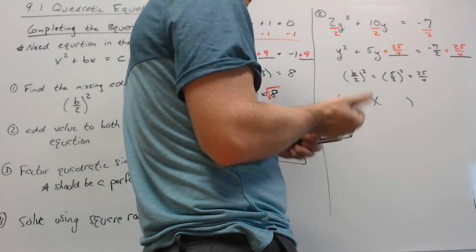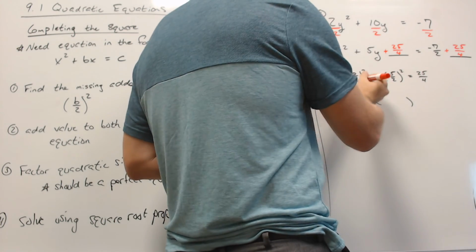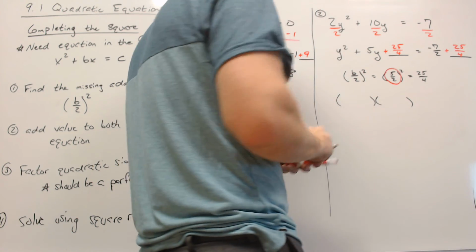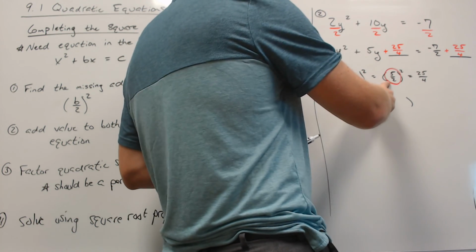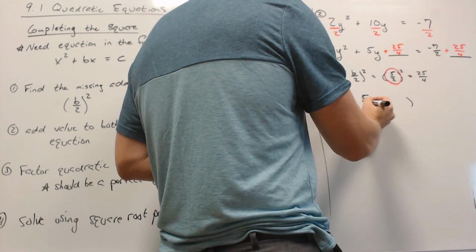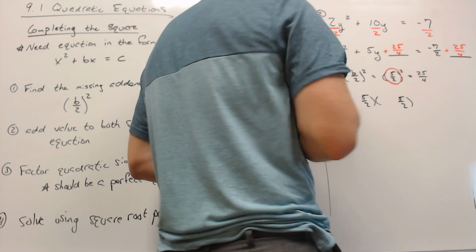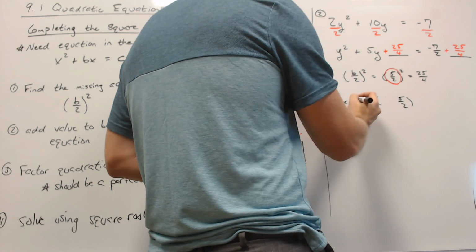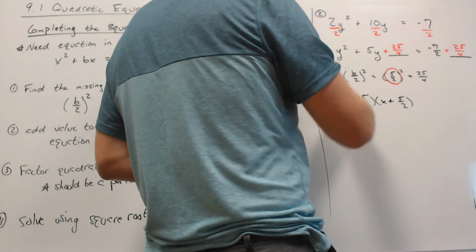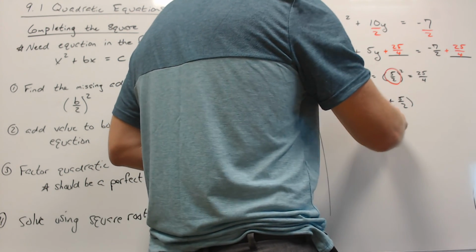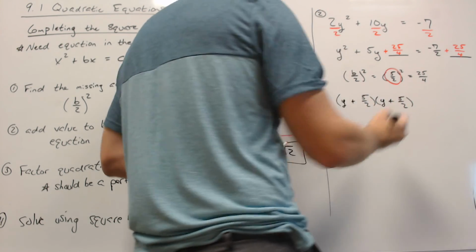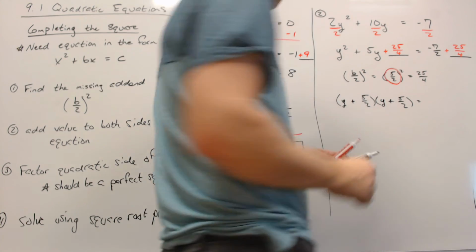So, if you remember, this b over 2 value, whatever that value is, that's going to be your perfect square factor, because 5 over 2 times 5 over 2 is 25 over 4. So that's going to be in our factorization, and it's just going to be x plus, or sorry, can't be x anymore. The equation has y's in it.